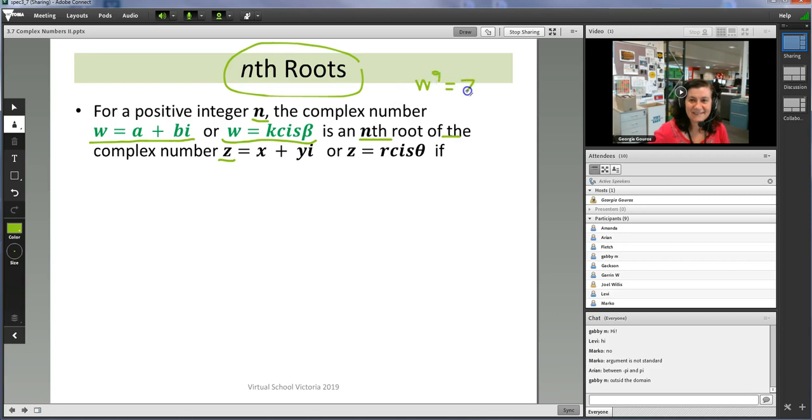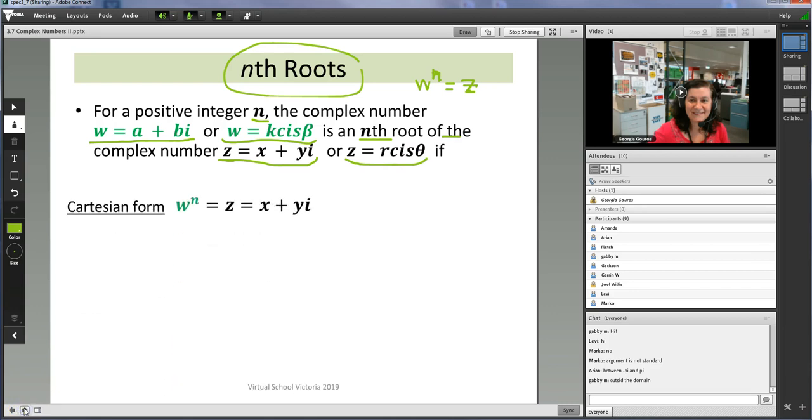That's what the nth root is. Okay, does that make sense? w to the power of n is equal to z, and that means that w is the nth root of that complex number. And say the complex number z can be written in Cartesian form or in polar form. So we're just going to look at De Moivre's theorem here.